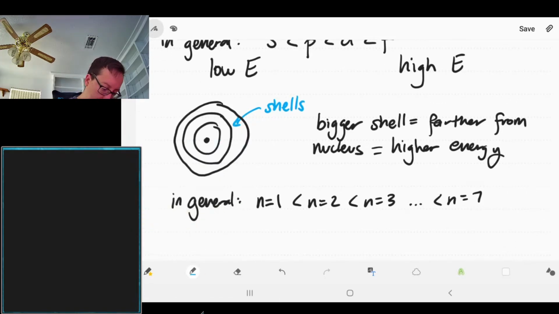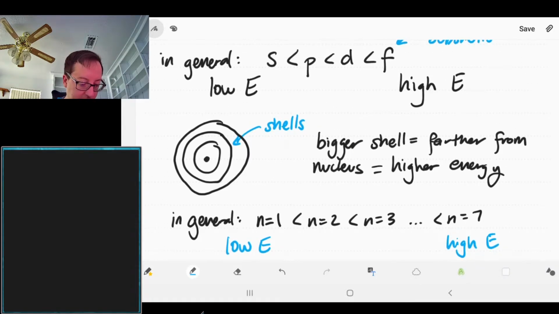And so we see that this will be lower energy, and this will be high energy. So we've got two patterns here. We've got shells, which are these overarching ones, and then we have the subshells within those shells. So the subshells all combine to make up the shell.